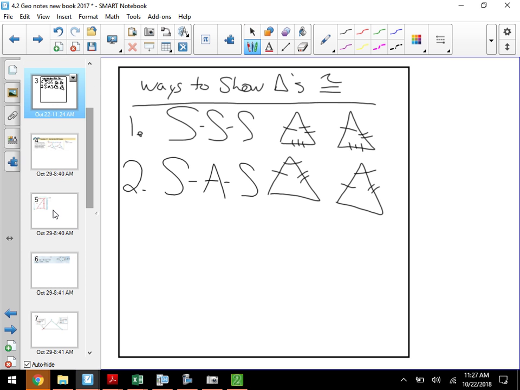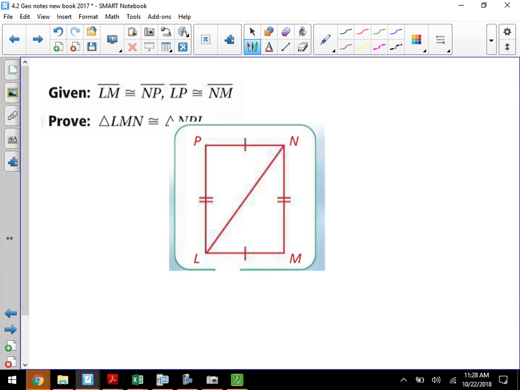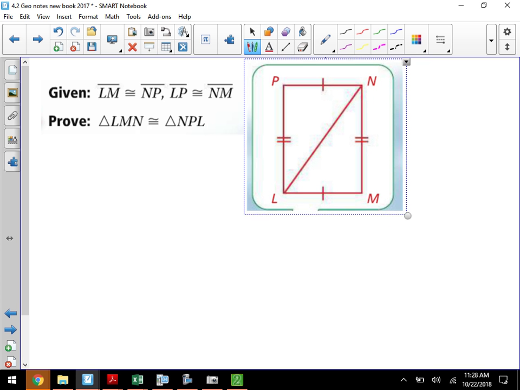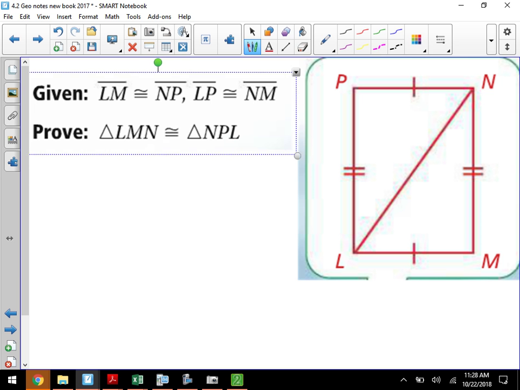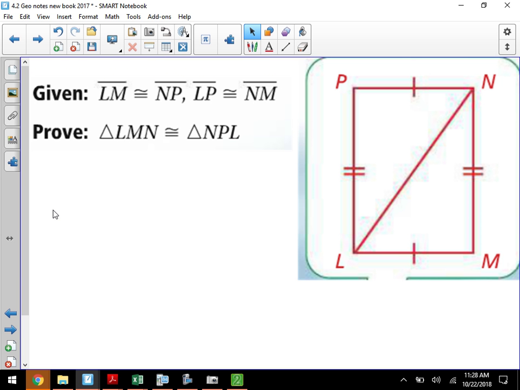For example, let's do this. This is what a triangle proof will look like. We still have a given and a proof statement. So what will happen here is we'll get these things that look like this.